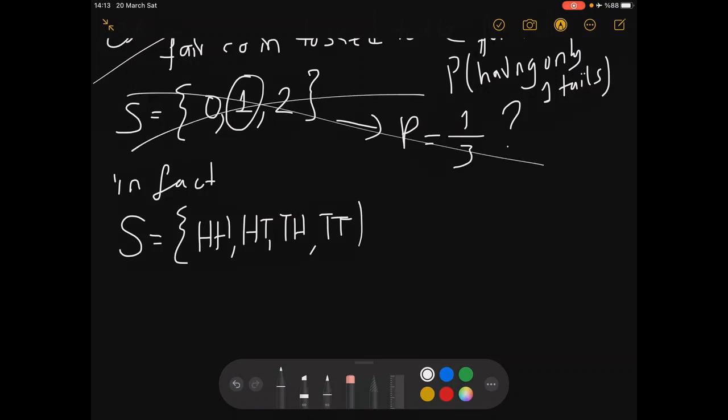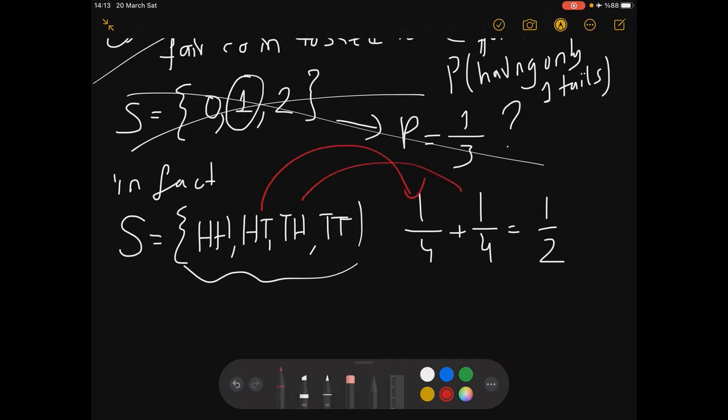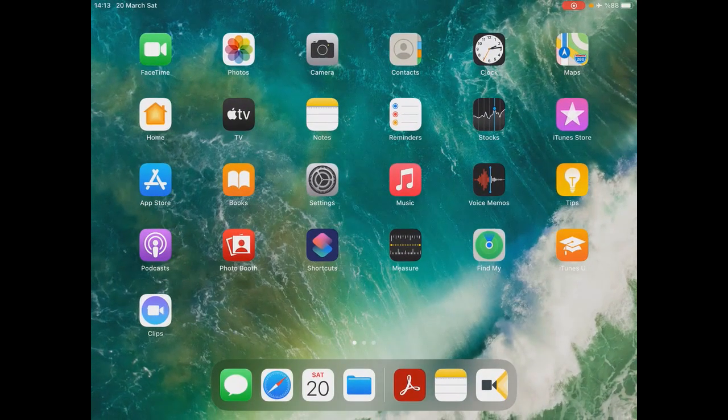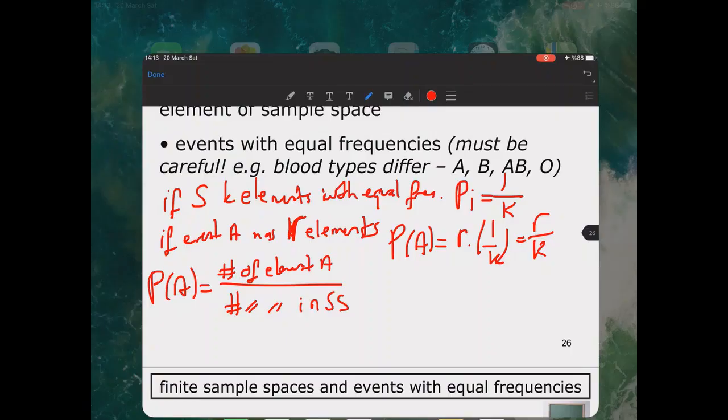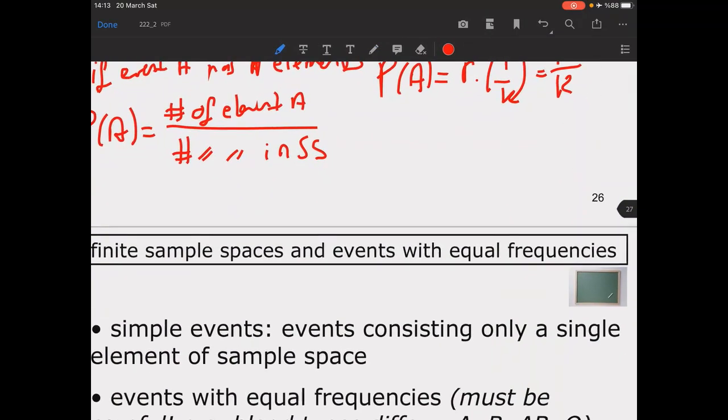So the previous one is wrong, and it would get you to wrong conclusions. Now these are the events with equal frequencies, and you can come up with 1 over 4 plus 1 over 4, which is 1 over 2, your correct answer, right? This one and this one added together will give you the correct result. That's where to be careful.